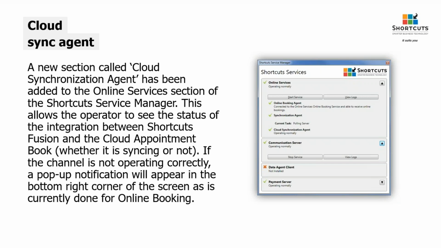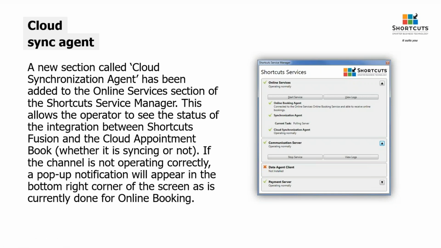In the synchronization agent for Shortcuts, this is within the Shortcuts Service Manager that synchronizes on the server computer, there's the new Cloud Synchronization Agent. This is related to some of the features that we'll talk about a bit later on. Basically, a new section called Cloud Synchronization Agent has been added to the online services section of the Shortcuts Service Manager.